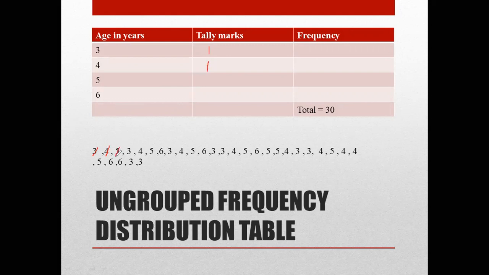I'm striking off 5, putting 1 tally mark in front of 5. 3. Striking off 3, putting 1 tally mark in front of 3. 4. Striking off 4, putting 1 tally mark. 5. Striking off 5, putting 1 tally mark. 6. Striking off 6, putting 1 tally mark in front of 6.